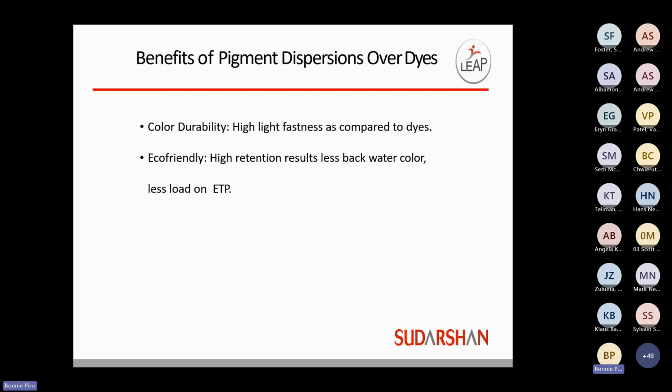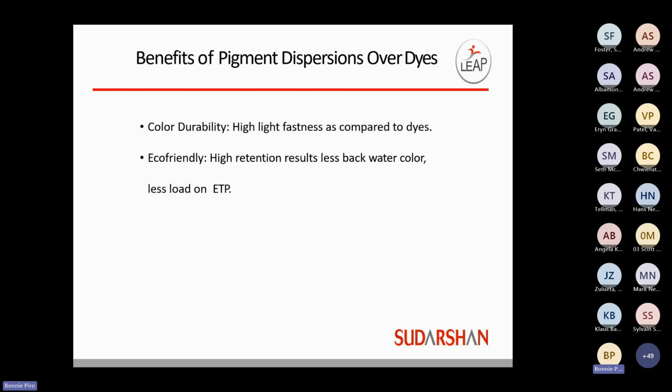Depending on the application for that particular paper, sometimes pigment dispersions will be used, other times dyes are acceptable. It really comes down to what kind of color durability is required. If you need lightfastness, then the pigment is going to be better than the dye.